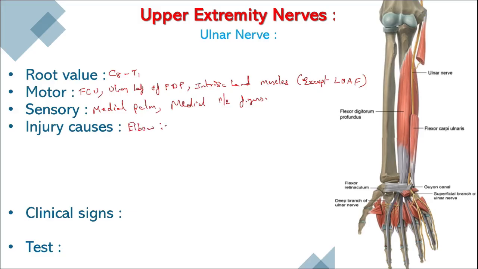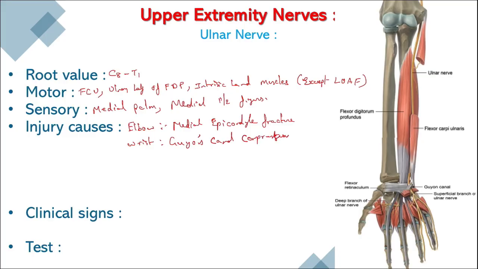Okay, in injury causes, first at the elbow we can see medial epicondyle fracture. If any patient has a medial epicondyle fracture, that means we can see ulnar nerve injury. Okay, next at the wrist we can see Guyon's canal compression.